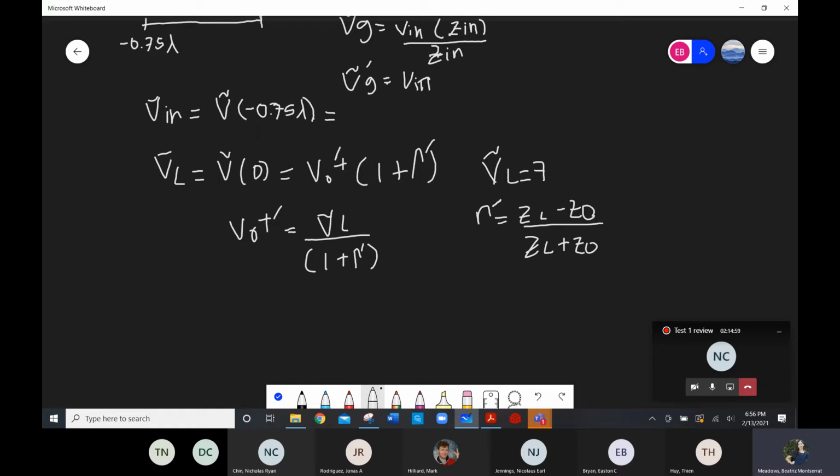They actually gave us that value. I will put it again just in case you didn't write it. So go ahead and find your gamma, find your ZL, and find your V naught plus prime for me, please.